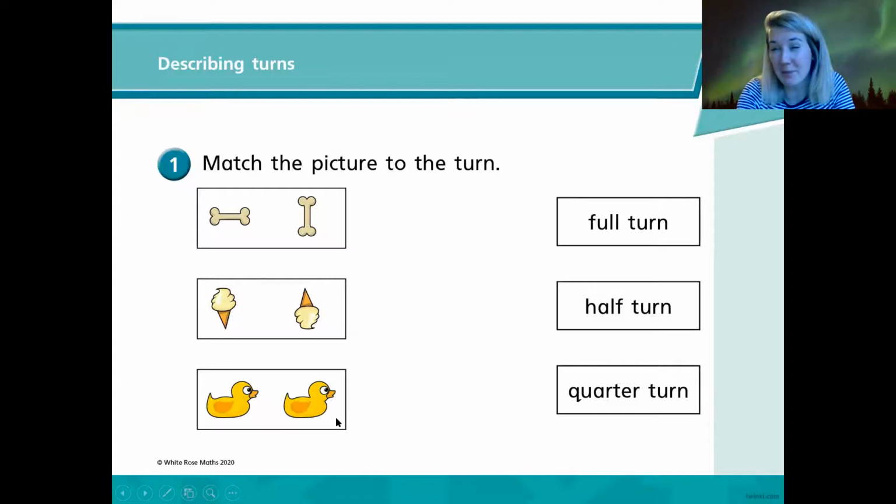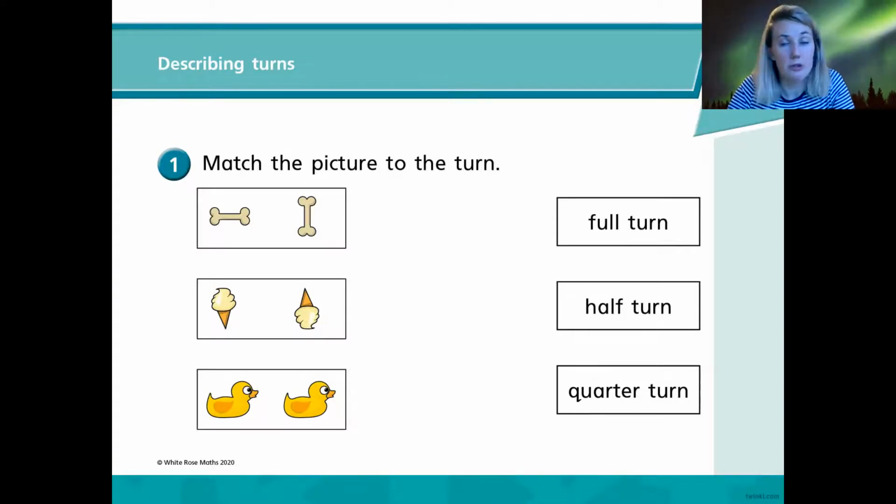Now, if you were in the classroom, I'd be asking you to do it with a ruler to make sure it's super neat. Now this one, look, has only done a quarter. Okay, so if I get my water bottle, the bone is facing that way, and then it's facing that way. So it's only moved a quarter. A tip for at home is to do it using your bodies.